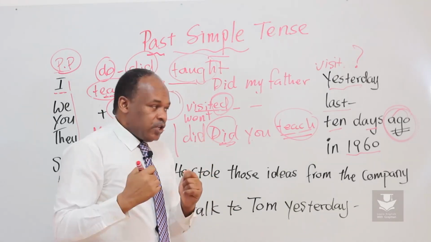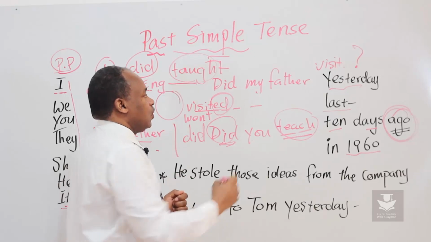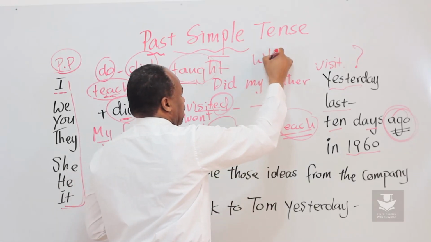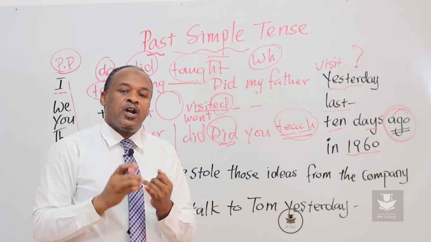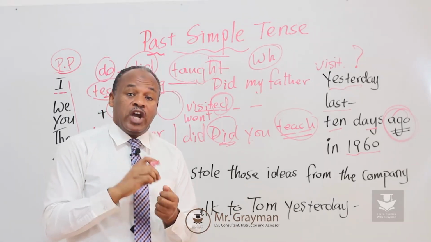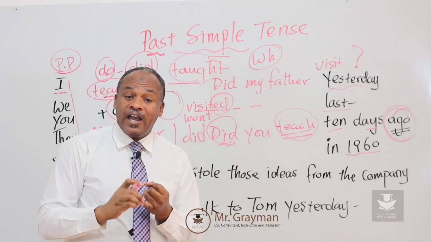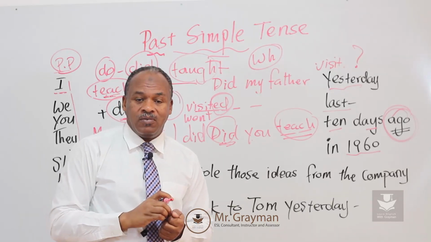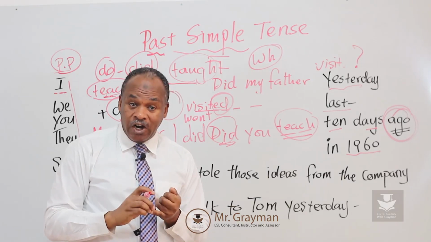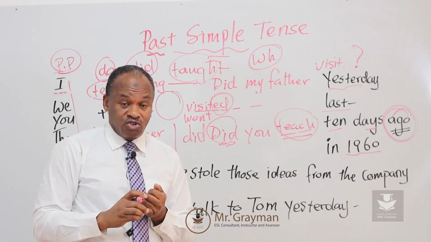Okay, I just wanted to make a reminder. You could use WH questions. For example, where did you teach English? I taught English in China 10 years ago. Where? That's a WH question.